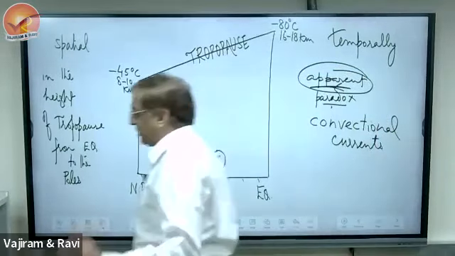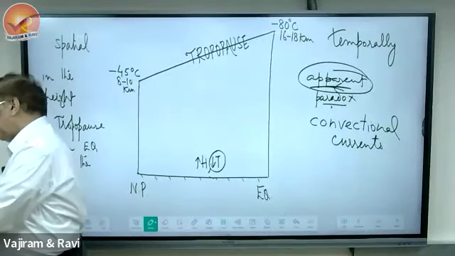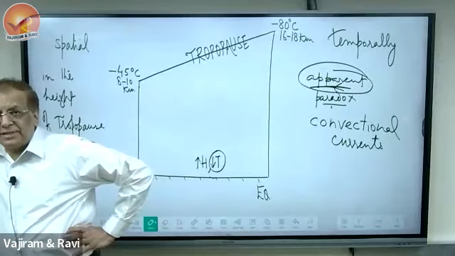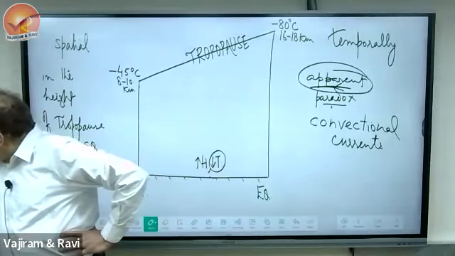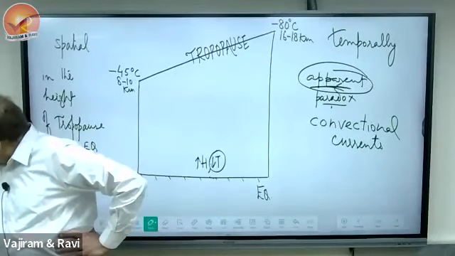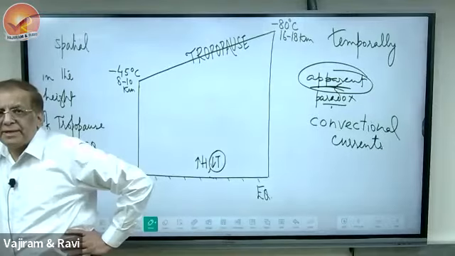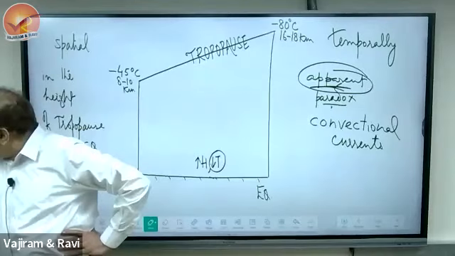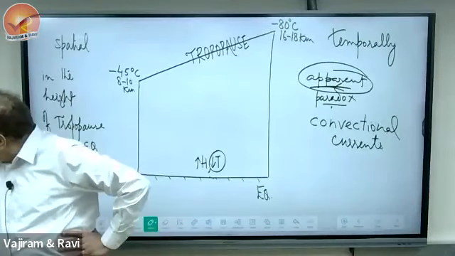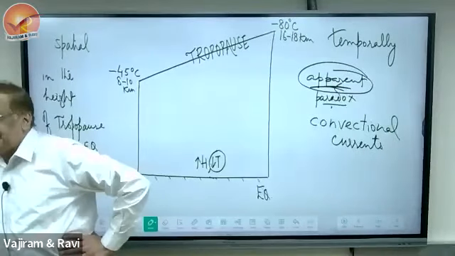Write one more point: It is apparently a paradox that the lowest temperature in the troposphere is vertically overhead at the equator rather than at the poles.